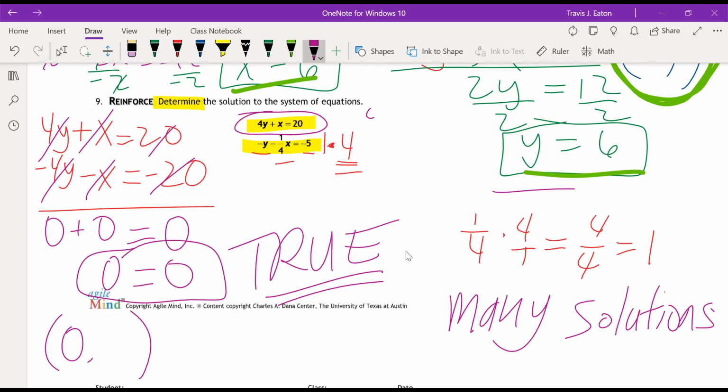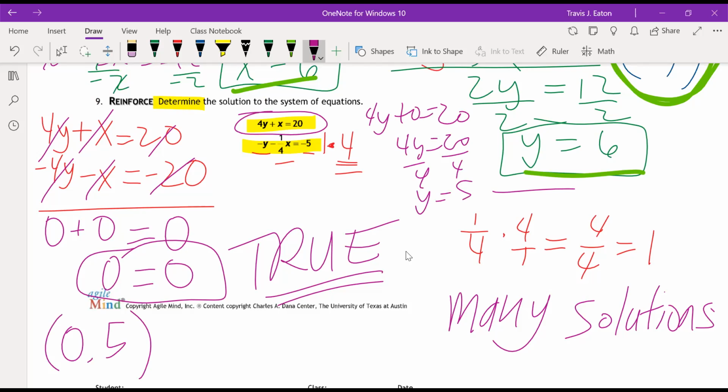So this would be 4y plus 0 equals 20. Subtract 0 from both sides, so I end up with 4y equals 20. Divide by 4, and y equals 5. So 0, 5 is a solution.